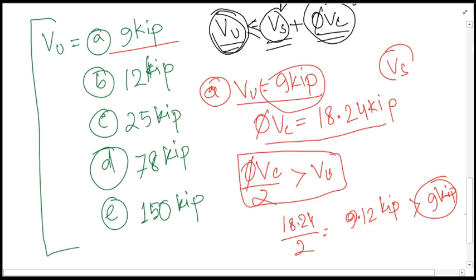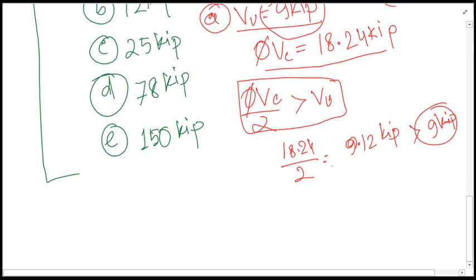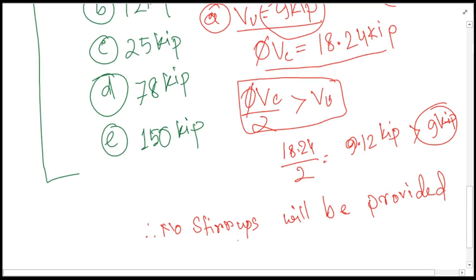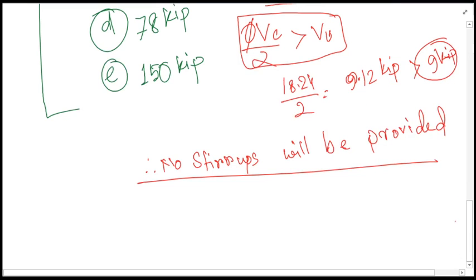So if even 5VC by 2 is greater than VU, then no stirrups will be provided. So practically you don't have to provide any stirrups at all. So for 9 kips, this is the method.